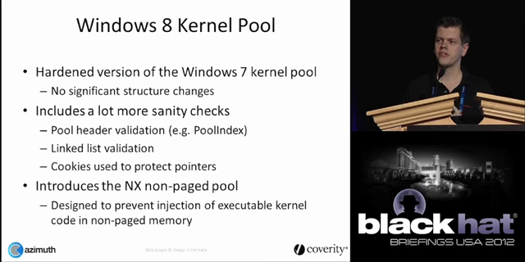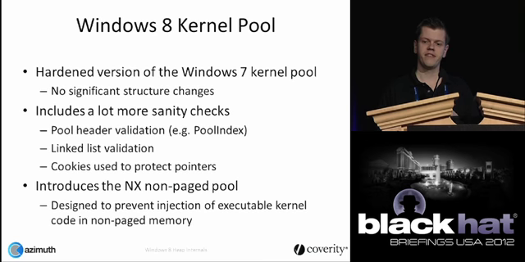They also use cookies to protect pointers of various kinds, and it introduces what is known as the non-executable non-page pool. This is to prevent an attacker from injecting shellcode into non-page memory, which complements another hardware mitigation called SMEP in a way.